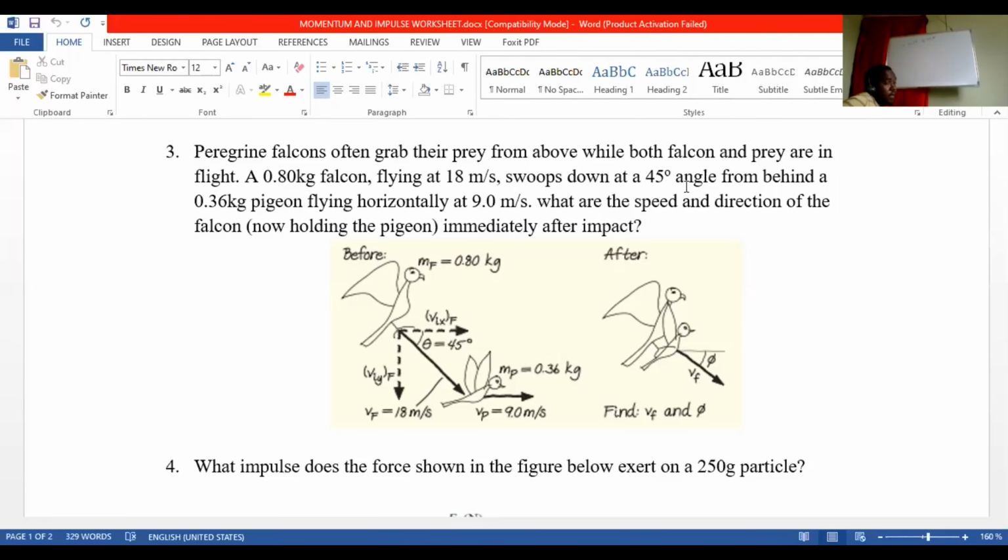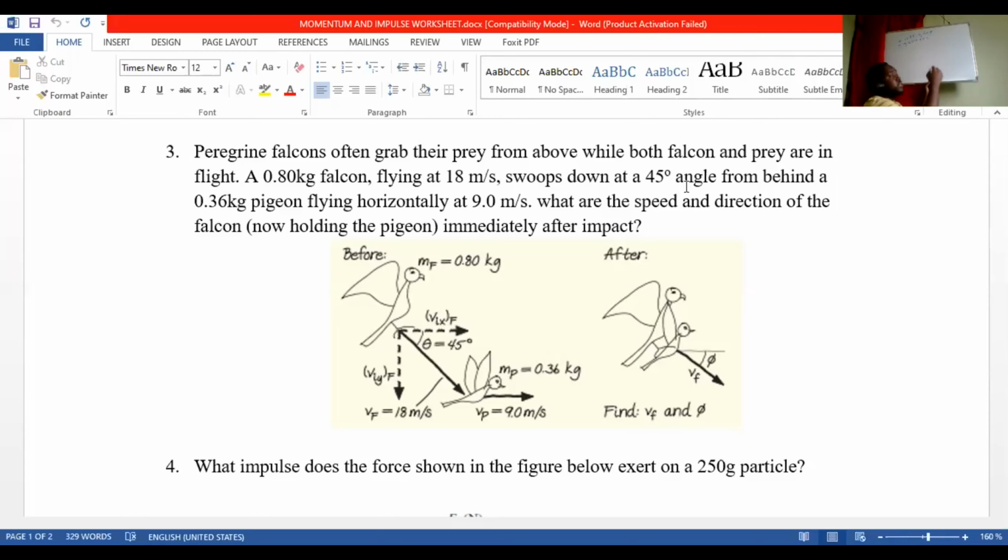Now let's look at y, because there's nothing we can find yet; both things are unknown. For the y plane, for your falcon, again that is the mass of the falcon times the velocity, and it's sine now, so VF sine theta. Your pigeon is not moving in y, so that's 0 before collision.